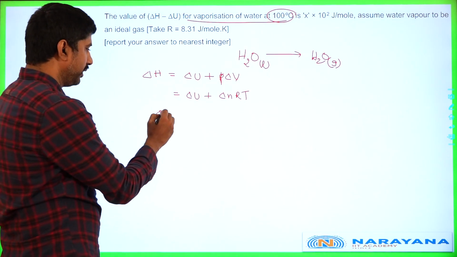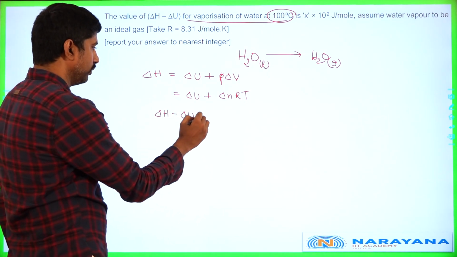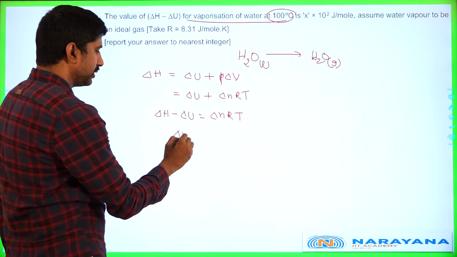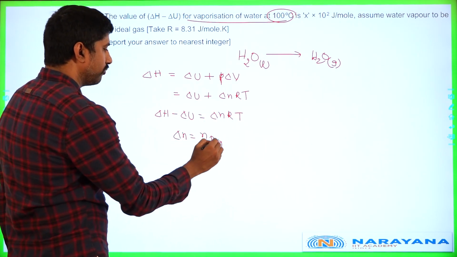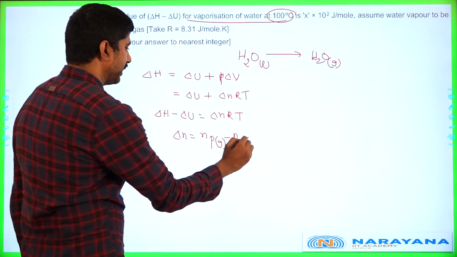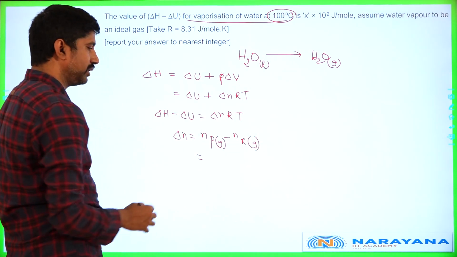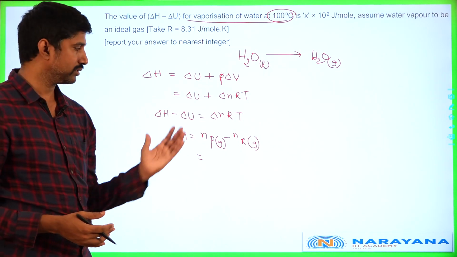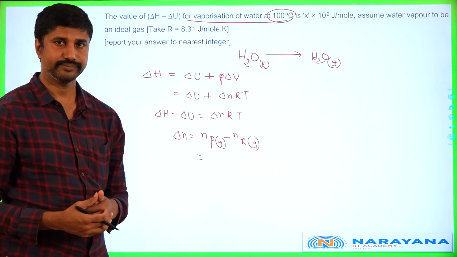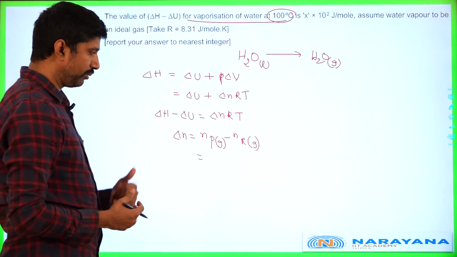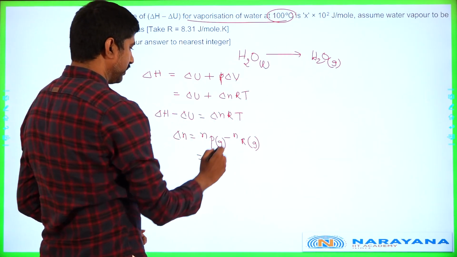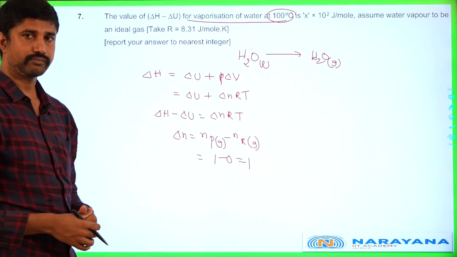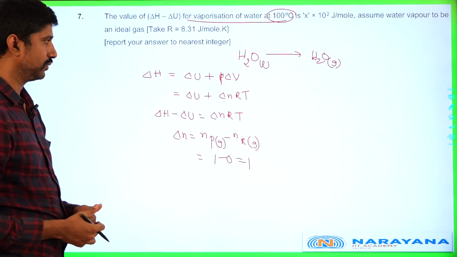So delta H minus delta U we can write as delta nRT, where delta n signifies the number of moles of gaseous products minus the number of moles of gaseous reactants. Only for gaseous products and gaseous reactants we consider delta n, and the gaseous products are 1 minus 0, so delta n is equal to 1.